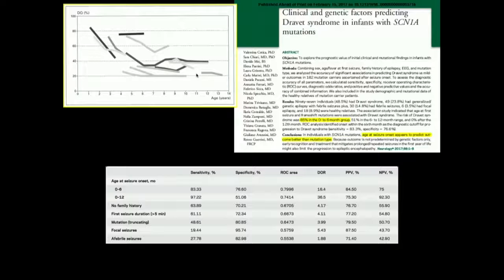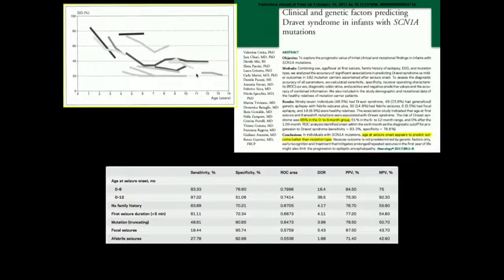So can we tell the parents, after a mutation is detected early, that this is going to be very severe, or that this is going to be something time limited and the child will not have delay? Because mutations don't tell us this.